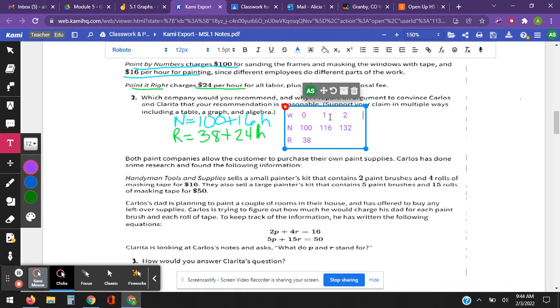And then a few more windows is another 16, 148. And then do another window. We need another 16, which is 164.